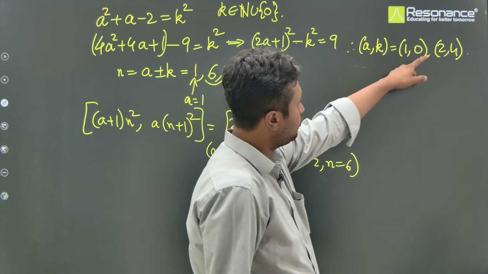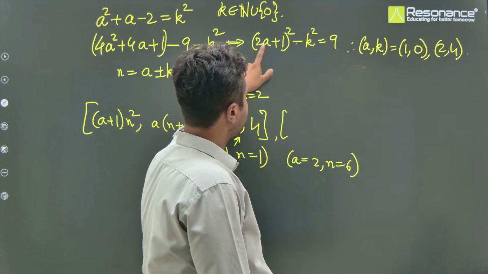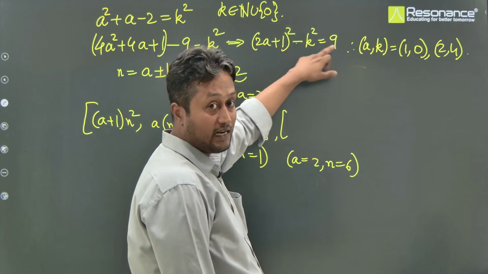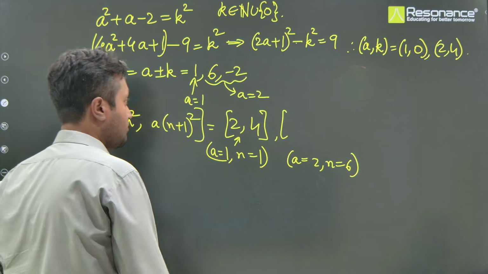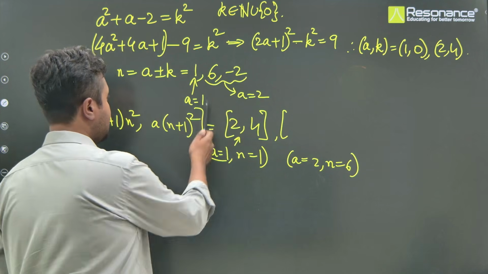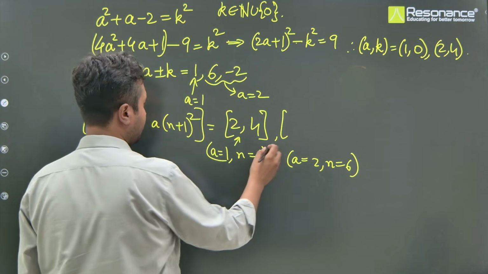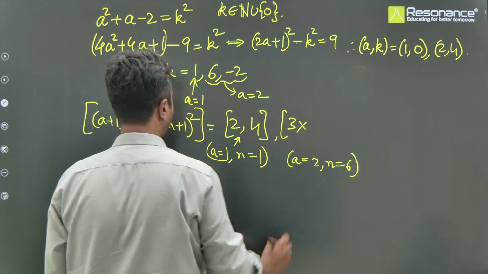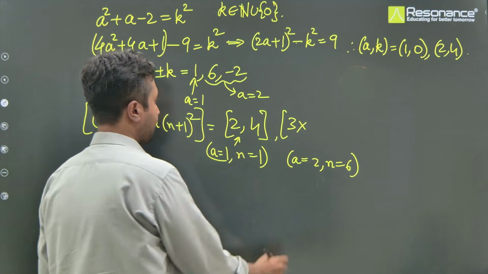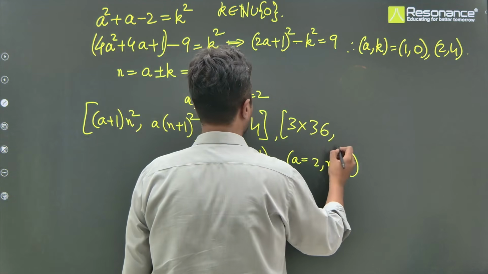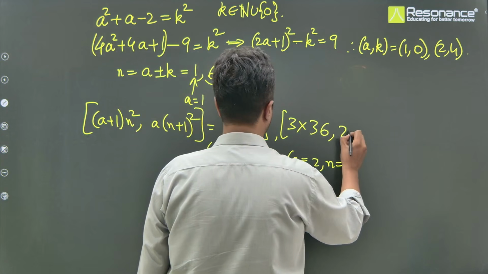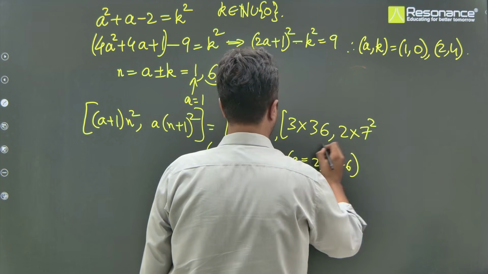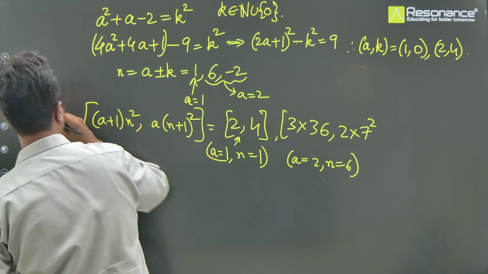If a is 2, then k is, that's 5 square minus 3 square, that's 4 square. So k is 4. So n could be 6. Okay, so that's clean enough. Now what do we want? So 3 times 6 square, which is 36, and then 2 times 7 square, which is 49, right?